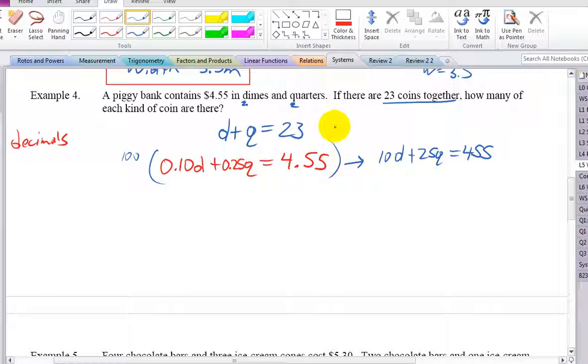Okay. Now you can change the top equation so you can eliminate. And subtract.